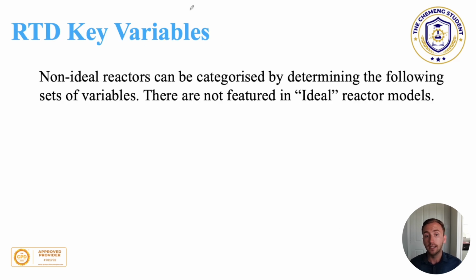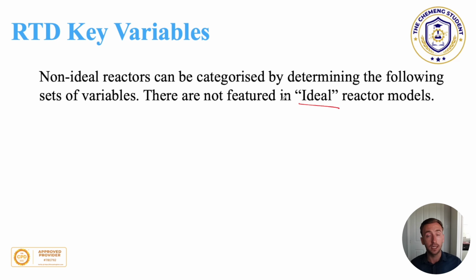Now, non-ideal reactors can basically be categorized by determining the following set of variables, because what we're about to see here are not featured in ideal reactor models. Now, there are a series of videos on the YouTube channel which cover the modelling and the design of ideal reactors, most commonly CSTRs and batch reactors.